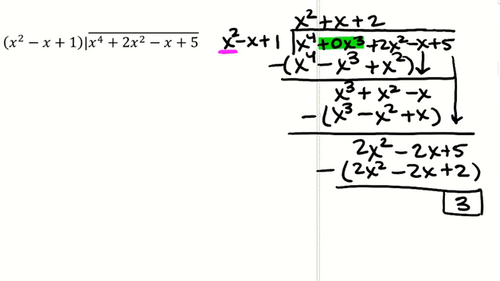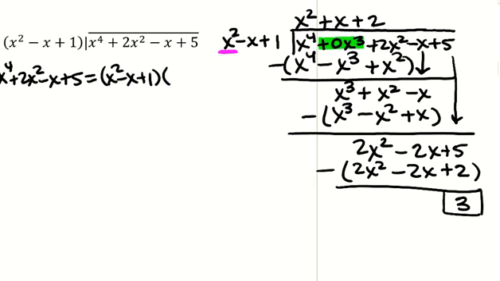And then one more time, just to remind y'all of why we put the remainder over the divisor. Okay, I'm going to express this as x to the 4 plus 2x squared minus x plus 5 is equal to x squared minus x plus 1, multiplied by x squared plus x plus 2, and then add 3.